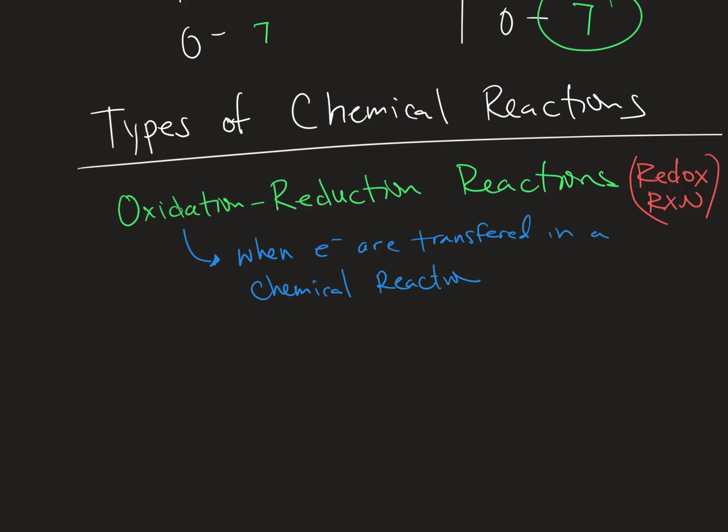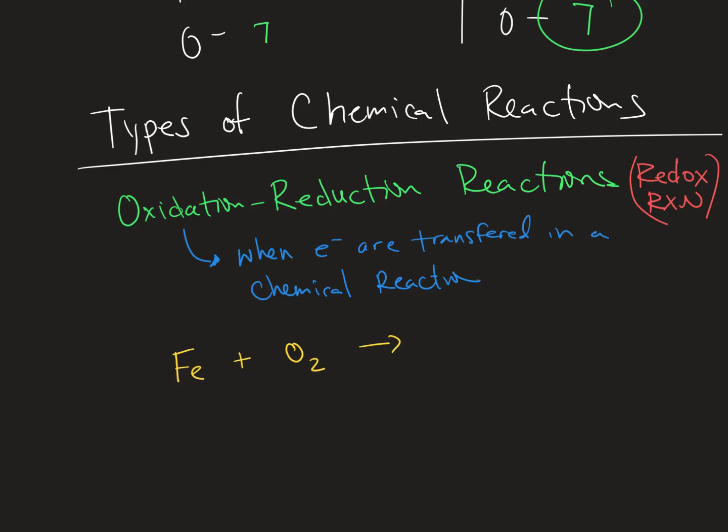So let me first talk about why we call them oxidation and reduction. Let's take a metal that we've had since the beginning of time, iron, right? And what happens when we put iron in the presence of oxygen?